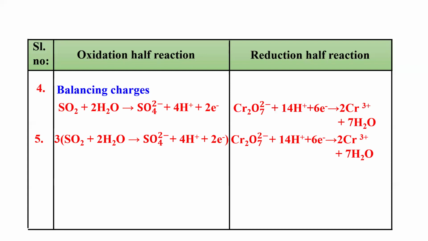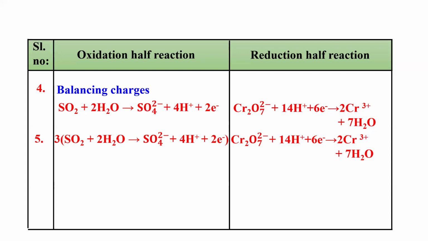Look at the top, the first reaction, point number 4. SO4 2- has 2 negative and 2 electrons have also got 2 negative. So there are 4 negative and 4 positive, cancelling out each other. Look at the other side of the reaction where we have added 6 electrons, right? To make the reaction electrically neutral.